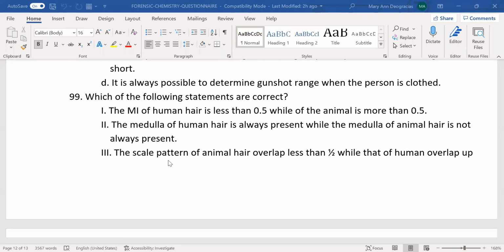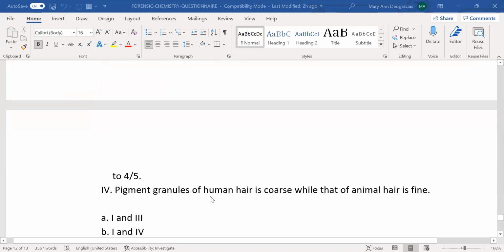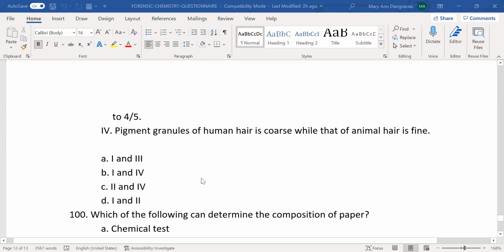Number 3, scale pattern of animal hair less than half, tama itong number 3. Number 4, baliktad din. Pigment granules of human hair is fine naman talaga, so baliktad. Ang sagot, letter A, statements 1 and 3.